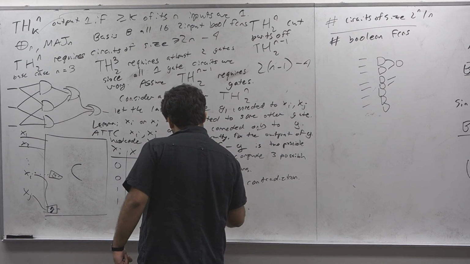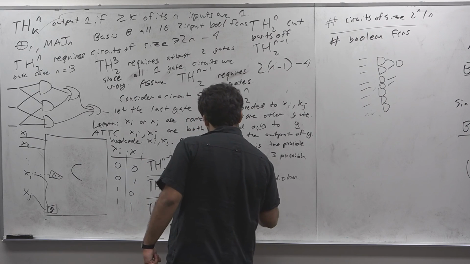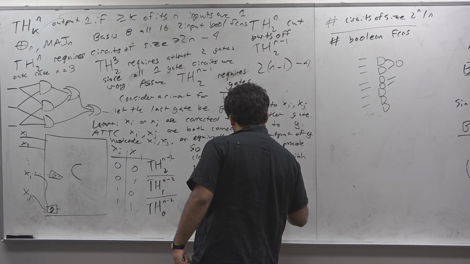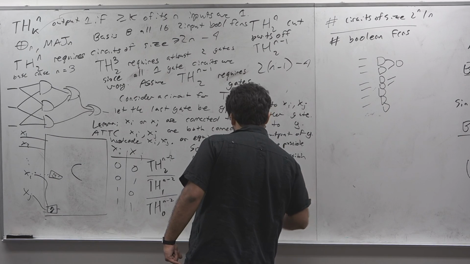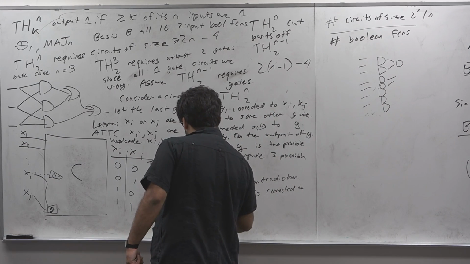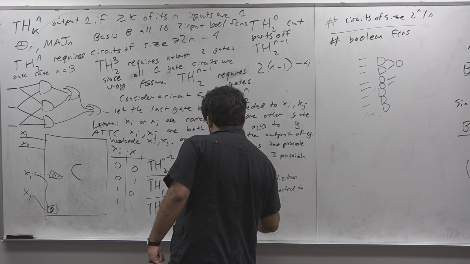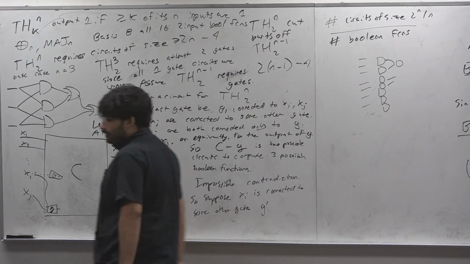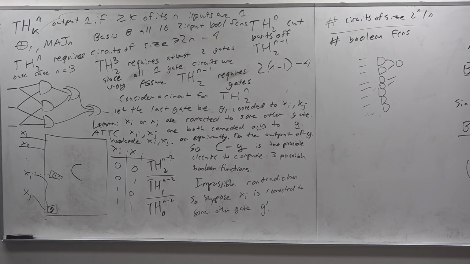So, suppose xi is connected to some other gate G prime. Okay. So let's be clear on what happened contradiction-wise. You can fix this output wire here and get two possible circuits.